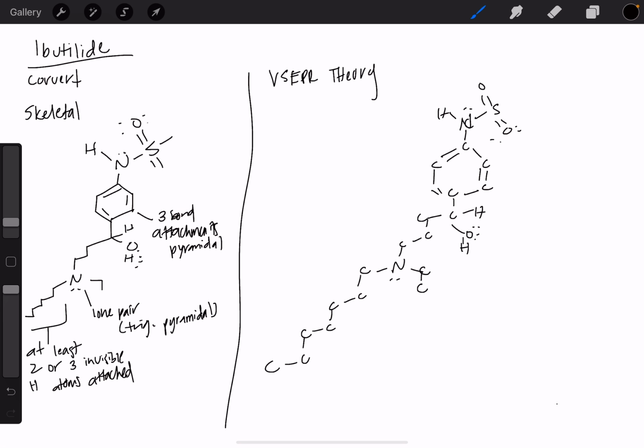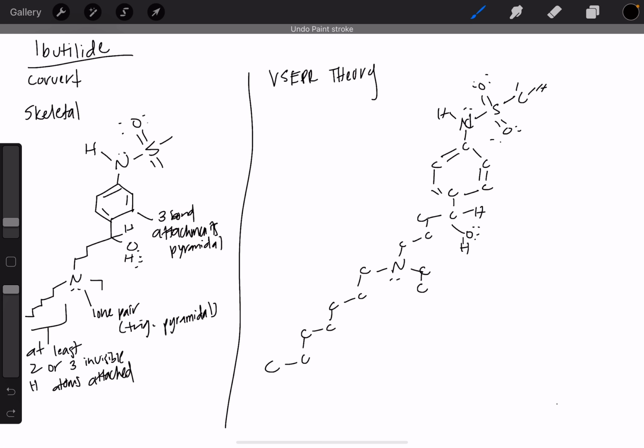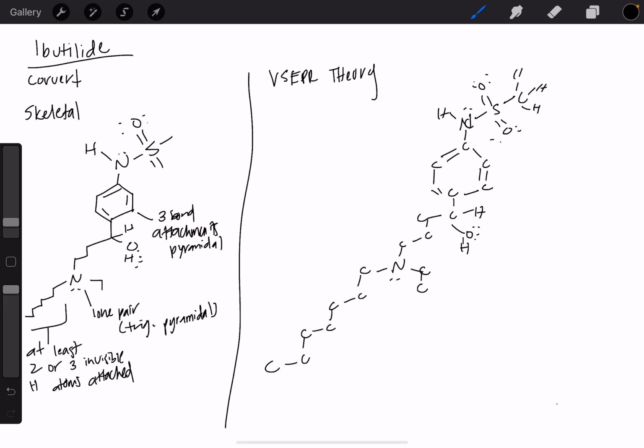Alright, so if we take a look at the stairs again, we're going to draw those additional hydrogen atoms. And we can start to assume that these are all going to be tetrahedral.